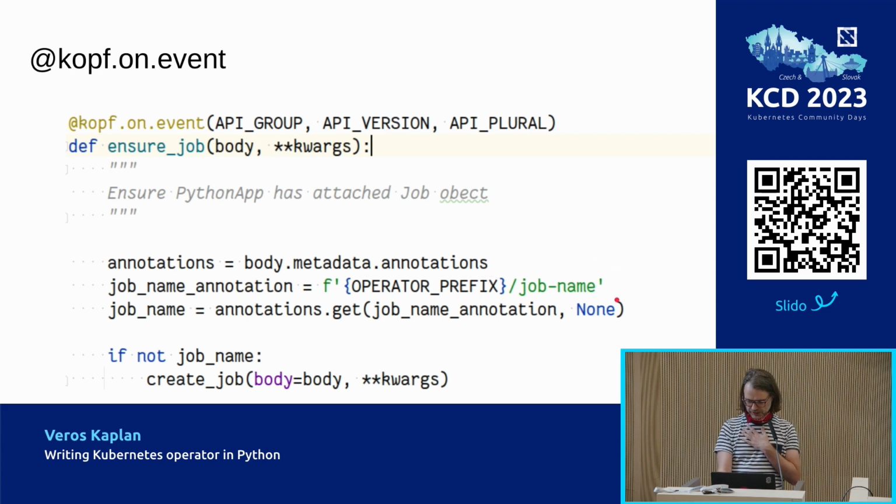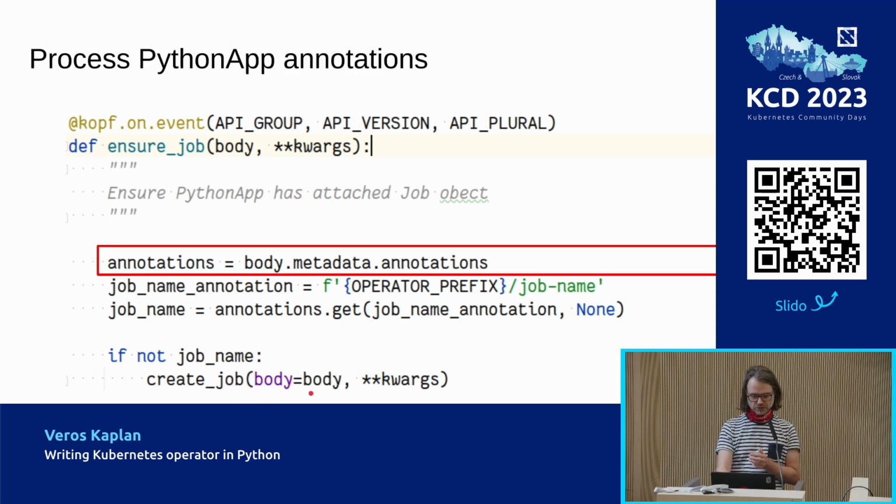Well, is there an annotation with the job name, and when the Kubernetes job relating to the Python job wasn't created at the moment, I just create that.